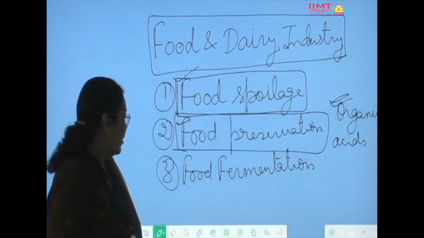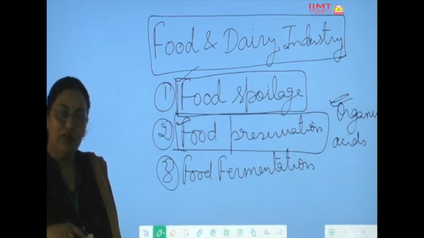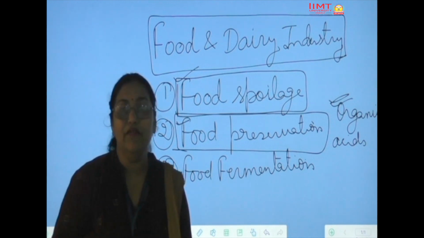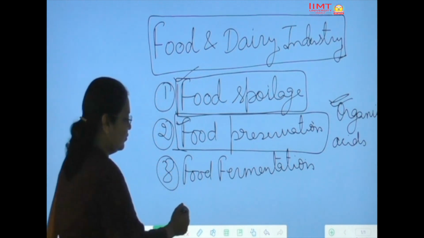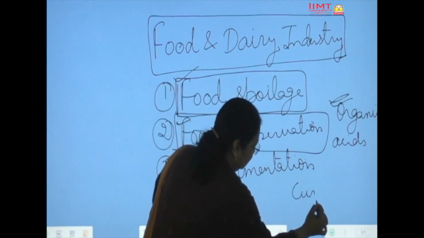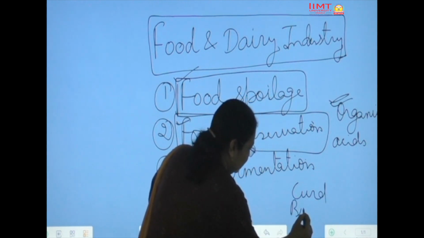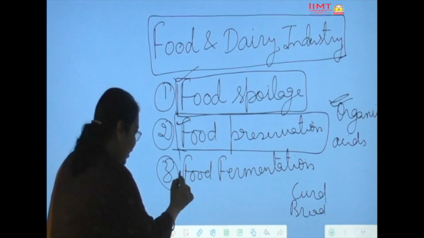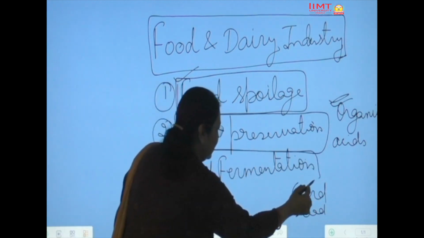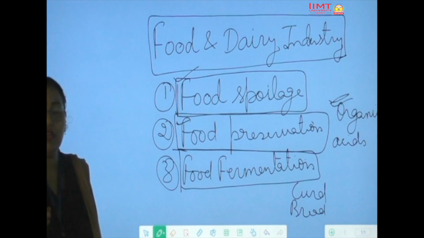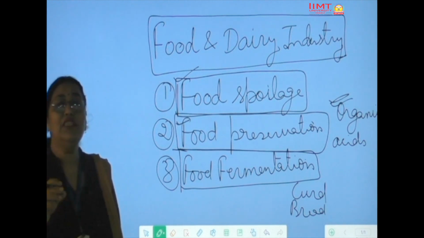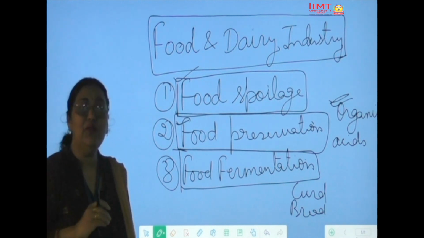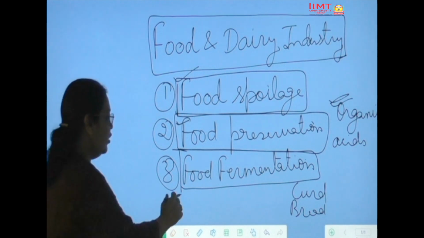Fine. Then food fermentation. Today only I have told you that there are certain fermented foods like curd, bread and all, right? We have studied about these. So in food fermentation, certain microorganisms which are able to ferment food are being used, right?